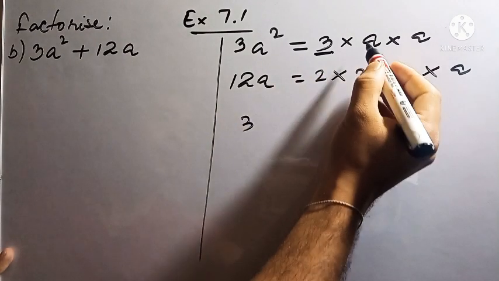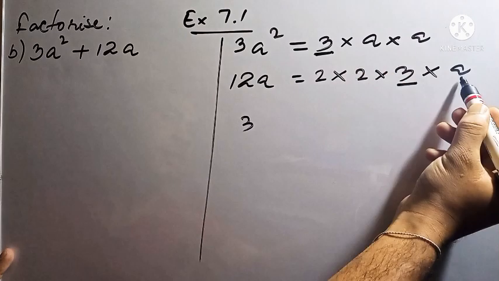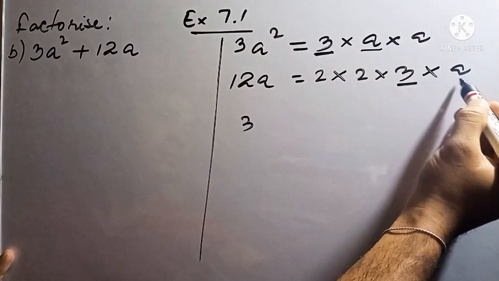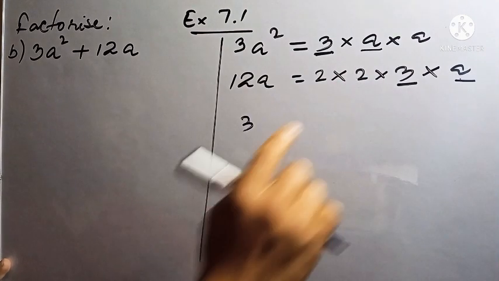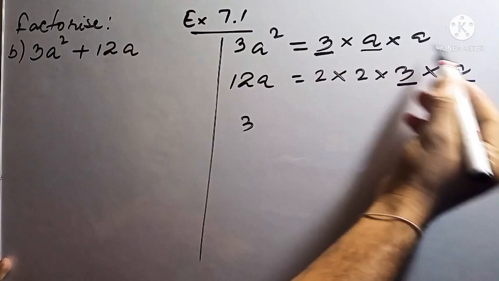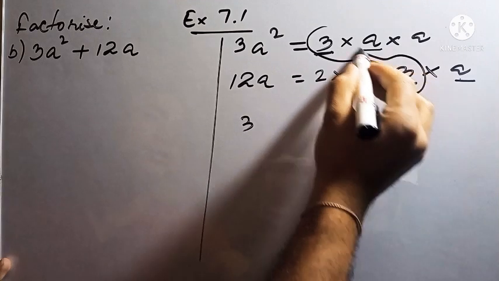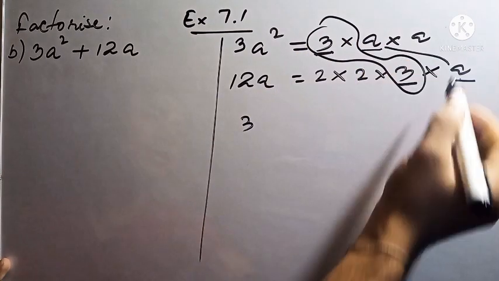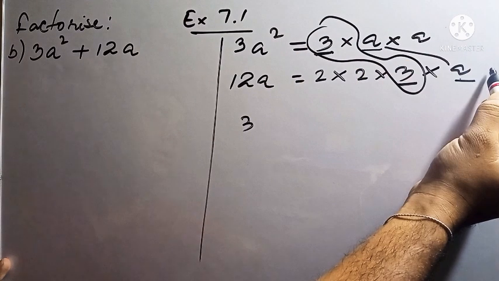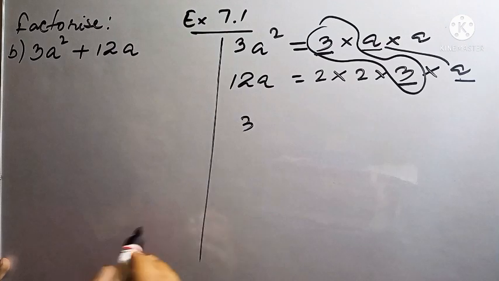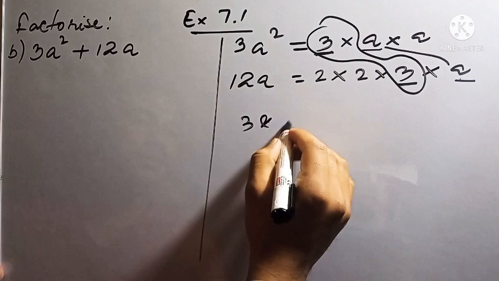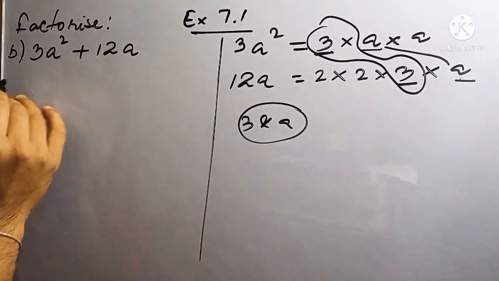What about a? I find a here, and again I find a here. This a is common. Next, we have another a, but there is no more a on the other side. 3 is common. a is again common, but even though there is another a, there is no other a here. So the only common factors are 3 and a.